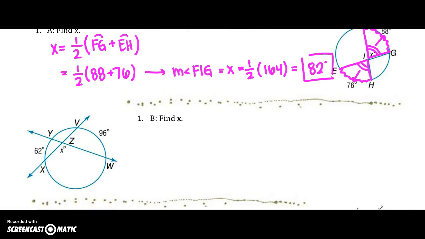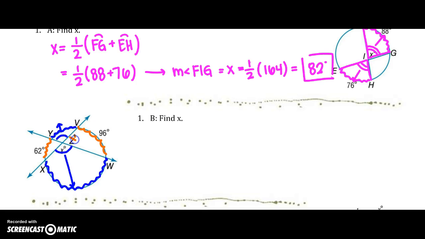Alright. So I'm trying to find angle x again. Well, angle x and its vertical angle actually have to use YV and XW. Well, we don't have those, but we do have 96 and 62. So we can go about this a couple different ways.